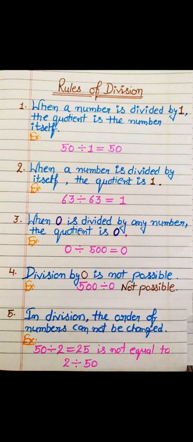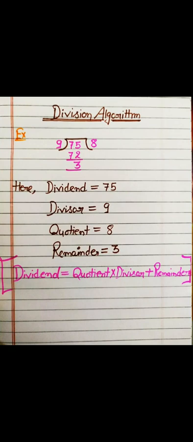Now let's learn the division algorithm. When we divide any number and wish to check our answer, how can we check? We can check by the division algorithm, which is dividend equals quotient times divisor plus remainder. Here the dividend is 75, divisor is 9, quotient is 8 and remainder is 3.